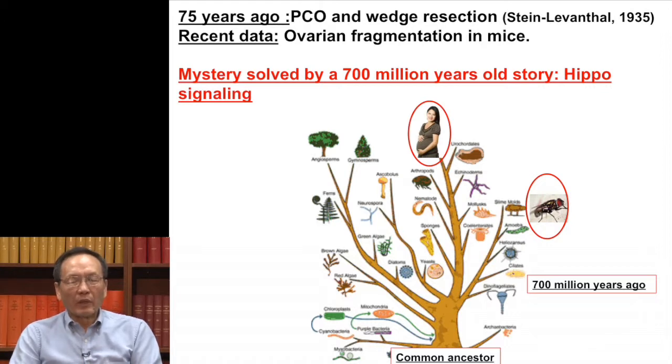But at that time, there's already a signaling system called the hippo signaling system that's controlling the size of the organ. Okay, so 75 years ago, we know about the PCO and wedge resection, and our recent data shows the ovarian fragmentation, but the final story is actually due to the common mechanism between the human and fly.